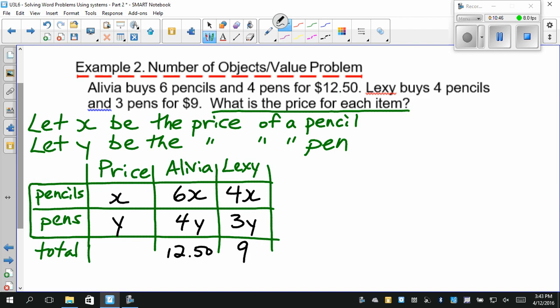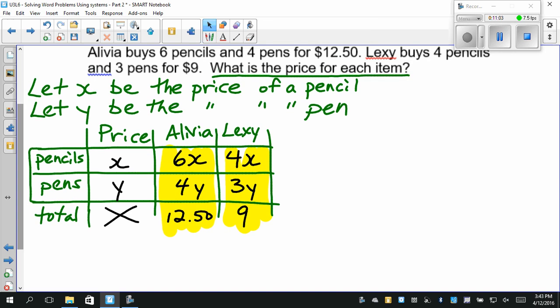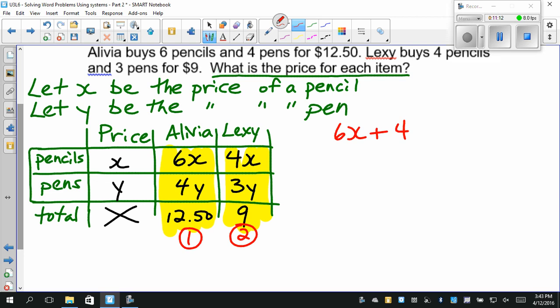So in this question here, we've got one equation in that column and one equation in that column. So if we write these as equations, use that as equation 1 and that as equation 2. So 6x plus 4y equals 12.50. And 4x plus 3y equals 9.